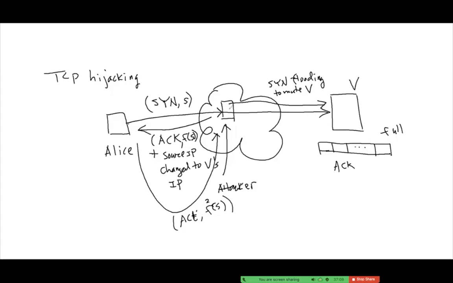So then the actual connection is established between Alice and the attacker. The reason this could be done is that, let's see, actually this source IP is changed to the attacker's IP.